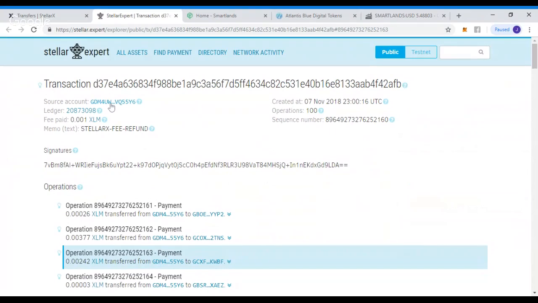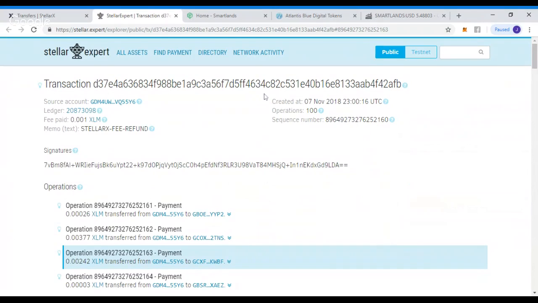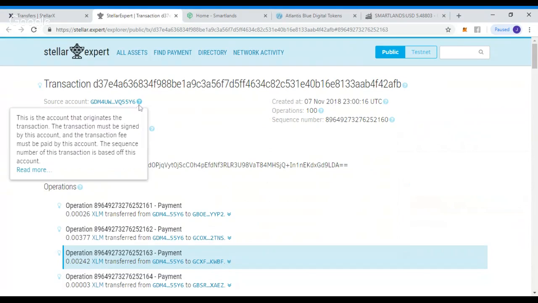I'm not going to run down everything. That's what I like about the Stellar platform and the Stellar network in general, that it's a user friendly interface. Even when we come here, I know all this looks complicated, but then they got question marks next to everything. So source account. This is the account that originates the transaction.